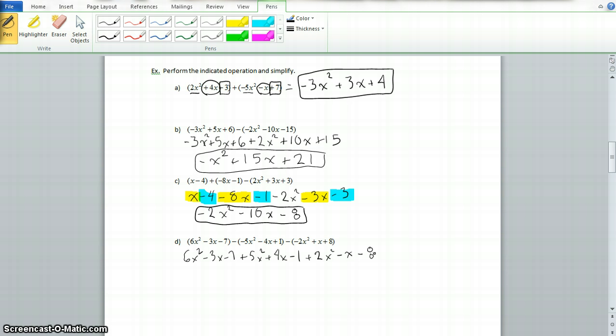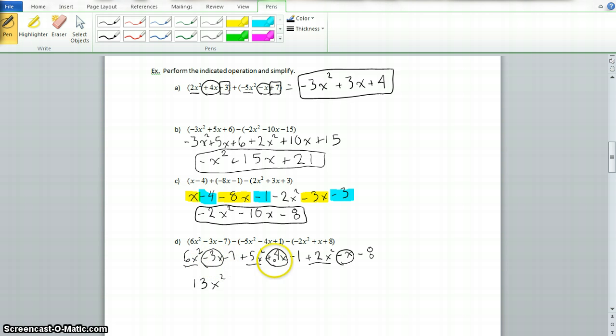Alright, the x squared terms are here. If I add all those together, 11, 12, 13 of them, 13x squared. Let's look at our x terms. I'll circle those. There's one here and one here. Those cancel out.